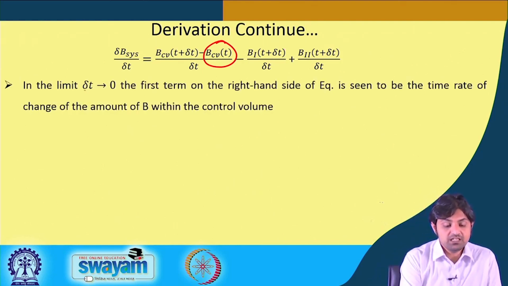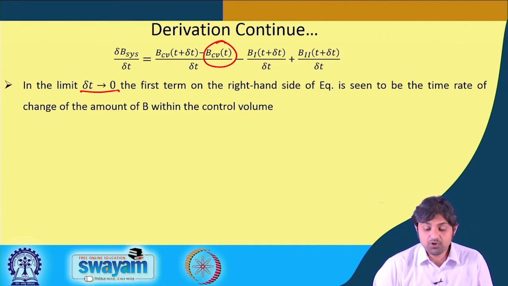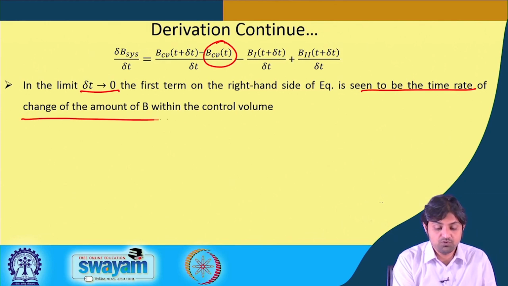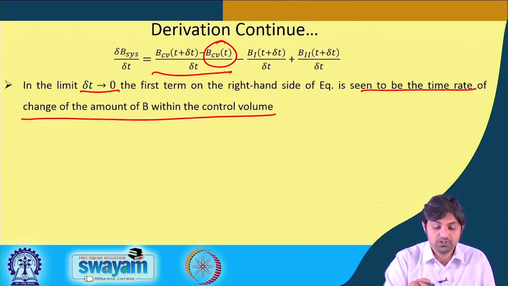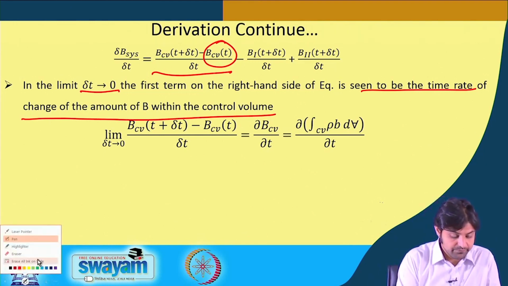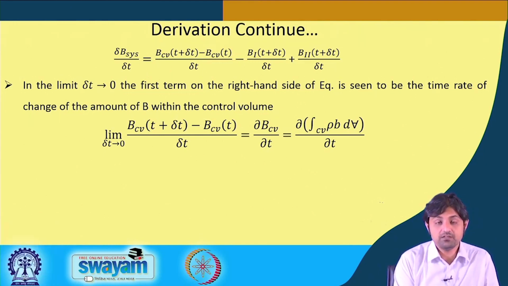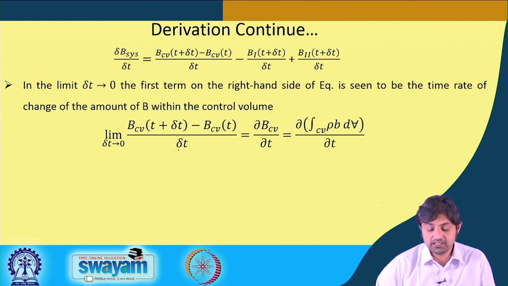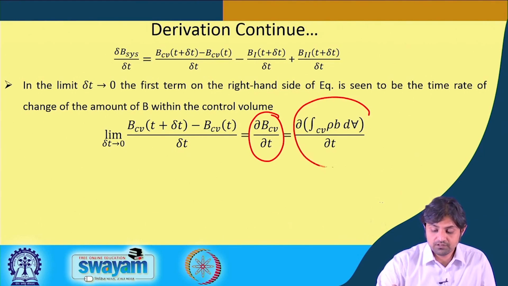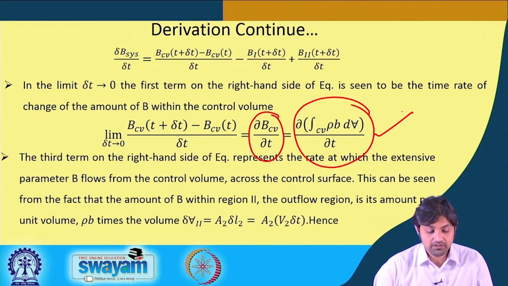So, in the limit delta t tends to 0, the first term on the right hand side of the equation is seen to be the time rate of change of the amount of B within the control volume. So this one, the limit of B CV at t plus delta t minus B CV at t by delta t, can be written as del B CV by del t, or as an integral, which we have seen in the previous slide.